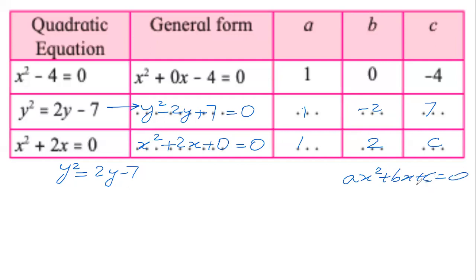So that means we need 0 on the right hand side. So we will have to take everything to the left hand side. So y square is y square, 2y which is on the right hand side becomes minus 2y on the left hand side, minus 7 becomes plus 7 on the left hand side. Now nothing is left on the right hand side, so 0.